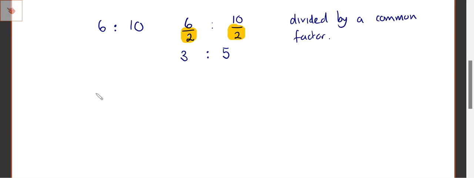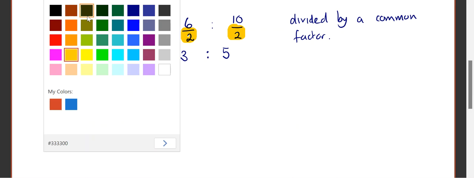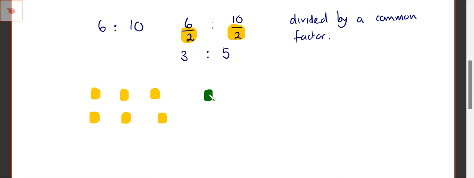I am going to draw 1, 2, 3, 4, 5, 6 on one side, and on the other side I'm going to write 1, 2, 3, 4, 5, 6, 7, 8, 9, 10. That's a ratio of 6 to 10, right? Now, you may well spot where the 3 to 5 comes in.